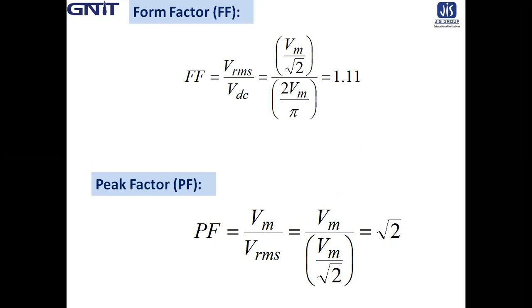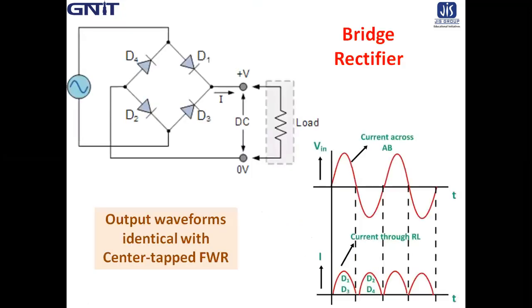Another type of full wave rectifier is the bridge rectifier, where 4 diodes are required. So let us start with the bridge rectifier. This is the circuit diagram of a bridge rectifier, and this is the input and output waveform. The first waveform is the input waveform, and the second waveform is the output load current waveform.